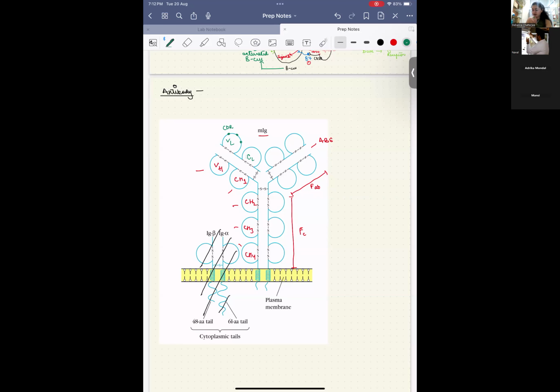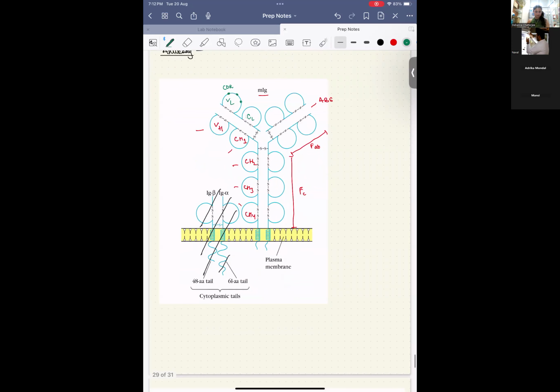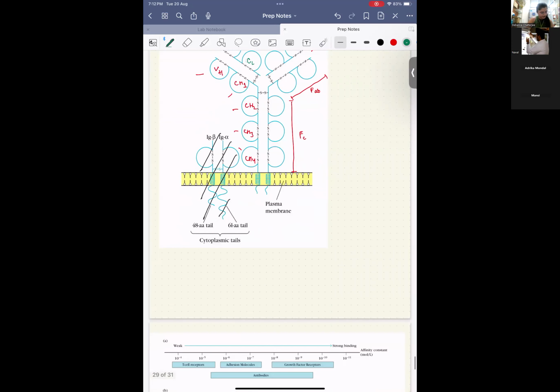And if we talk about the different types of antibody now, am I not able to find a diagram for it?